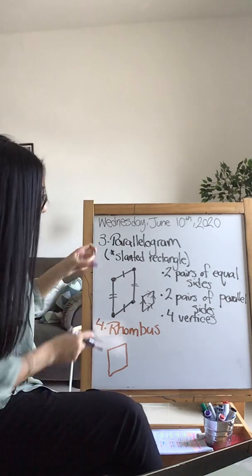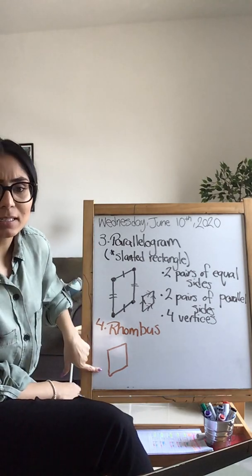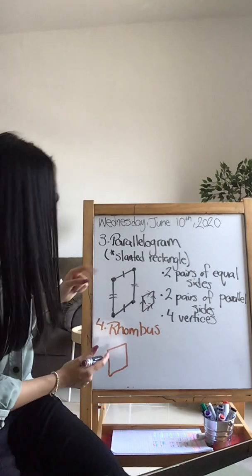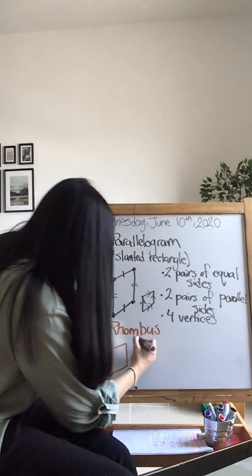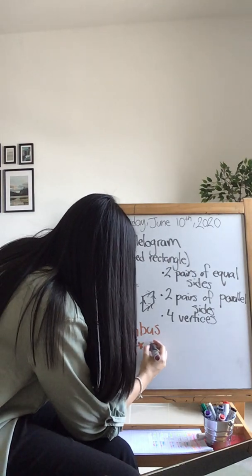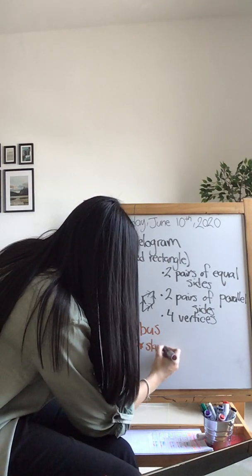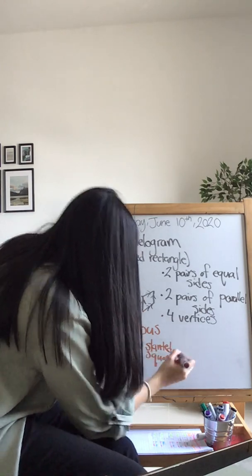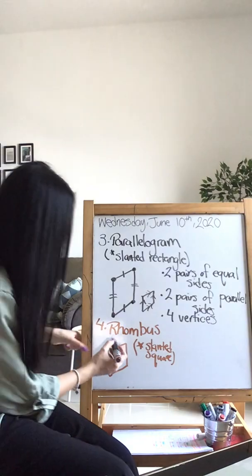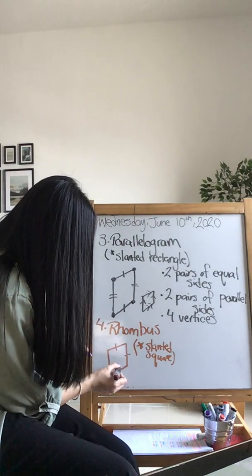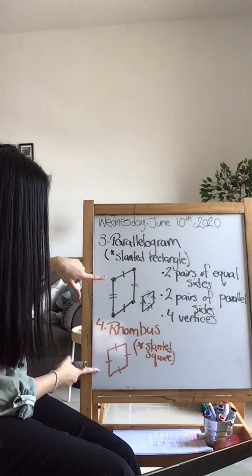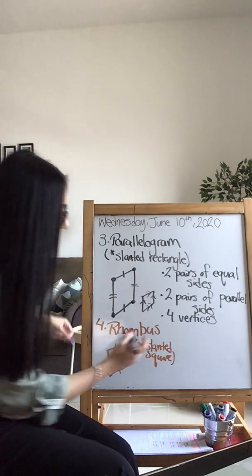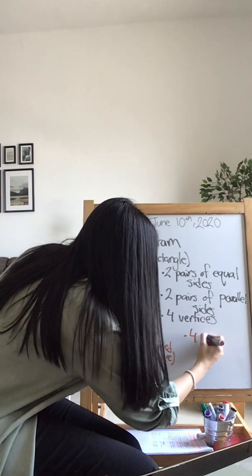Now, with a rhombus, you're probably saying, well, it kind of looks like a slanted rectangle, and you're kind of close, but it's not, because instead of a slanted rectangle, it is a slanted square. That's a good way to memorize this, okay? It's a slanted square, which tells me that all of these sides are equal. So remember the difference. A rhombus is a slanted square. So we already know it will have 4 equal sides.